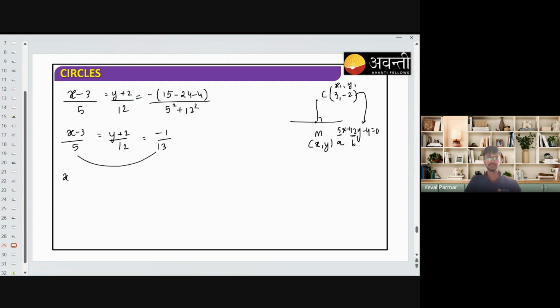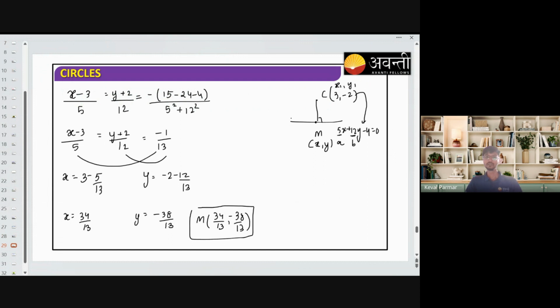So if we equate this and equate this, so I think we'll get x as 3 minus 5 by 13. And we'll get y as minus 2 minus 12 by 13. Correct? I hope I am not wrong. So x equals to 39 minus 5, 34 by 13. And y equals to minus 26, so minus 38 by 13. So what is the coordinates of M, guys? 34 by 13, comma minus 38 by 13.